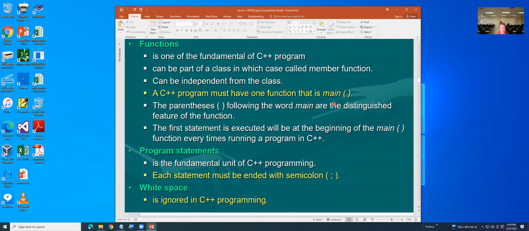Usually we type our program inside the main function. Parenthesis open and close follow the word main, a distinguishing feature of the function. The first statement to execute will be at the beginning of the main function every time you run C++.